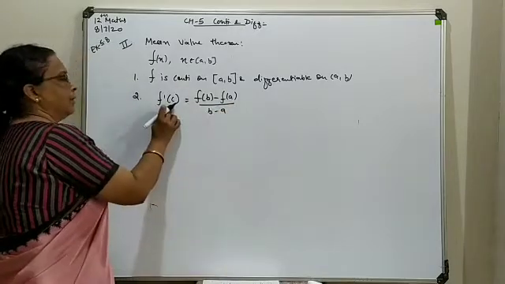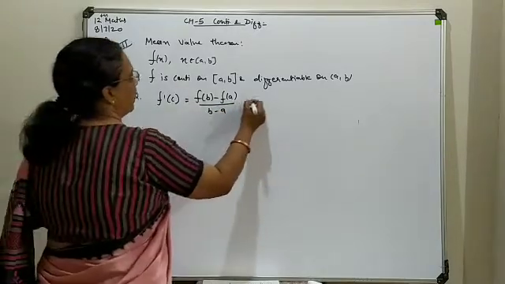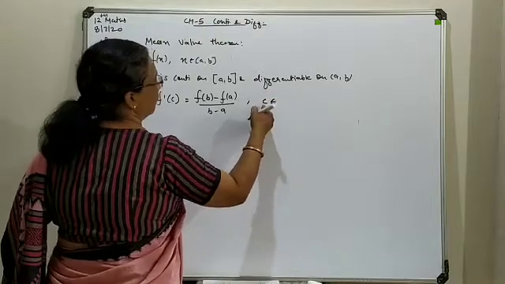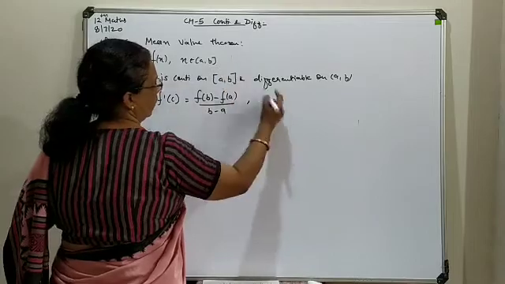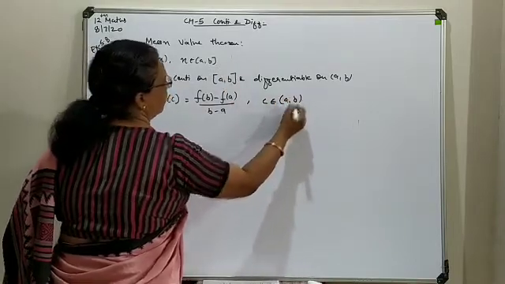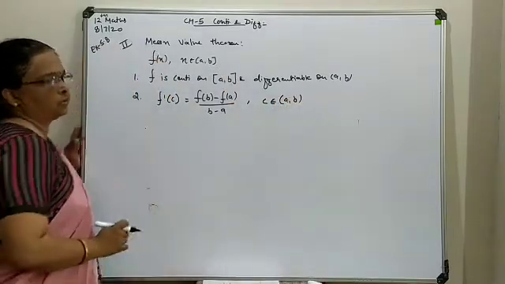On the basis of this relation, c will be evaluated, and the point c should lie in the open interval (a, b). This way c is found.